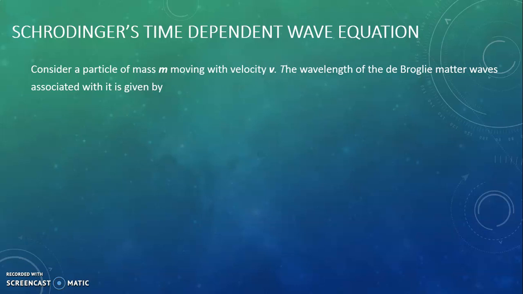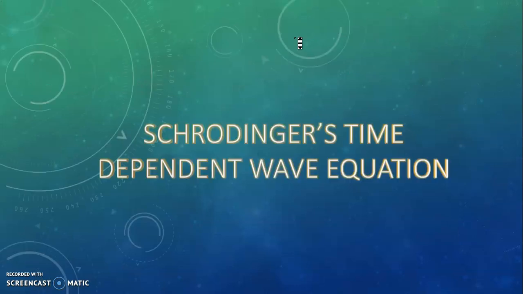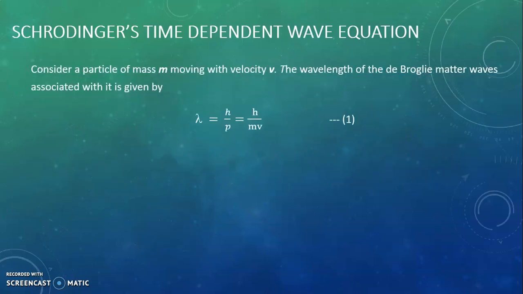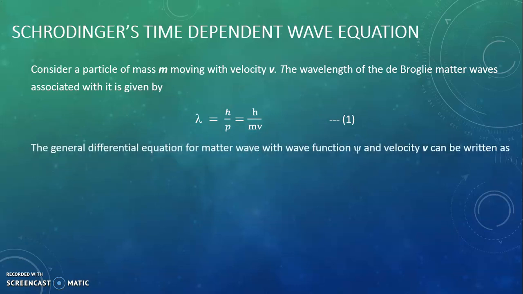The wavelength of the de Broglie's matter wave associated with it is given by lambda equal to h upon p, or we can write lambda equal to h upon mv, where p is the momentum that we can write as mass into velocity also. Let's call this equation number 1.